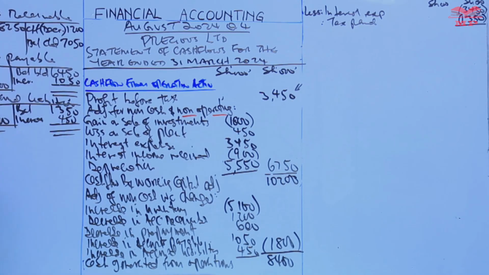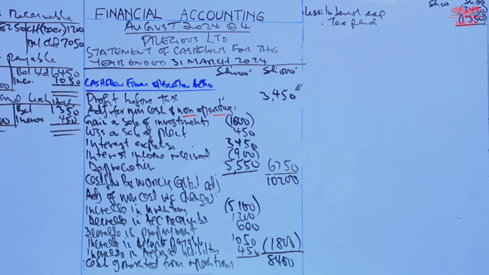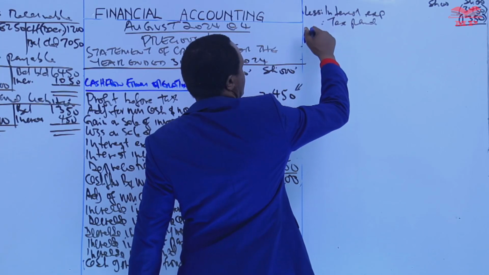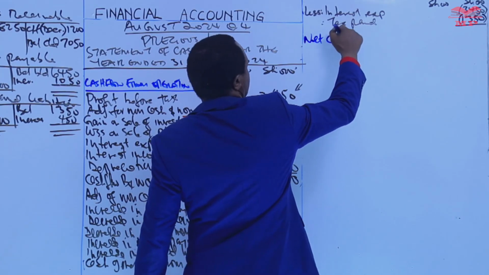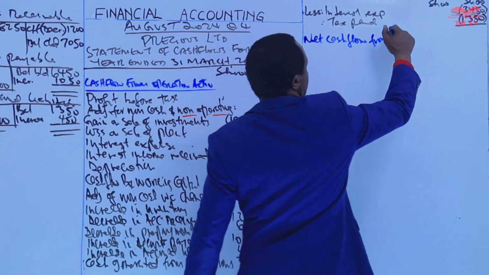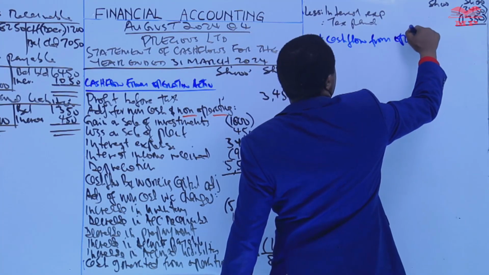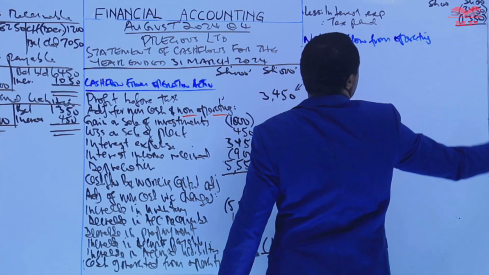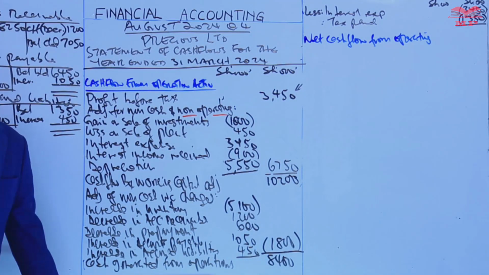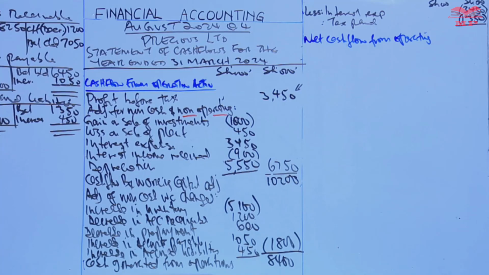How much is it? Net cash flow from operating activities. Someone says 3600.